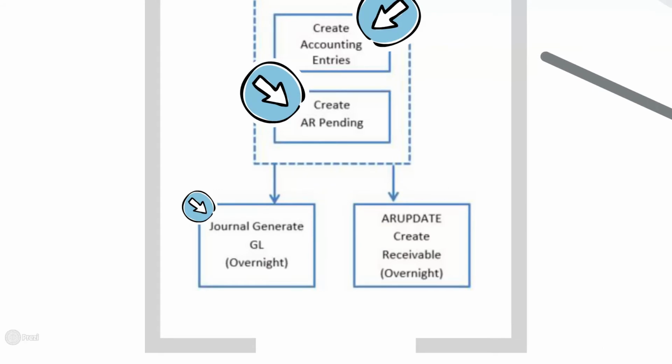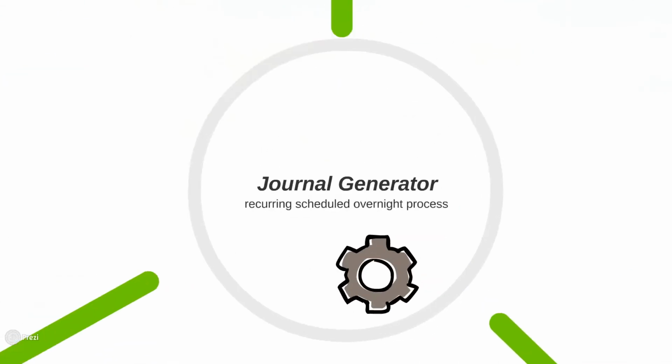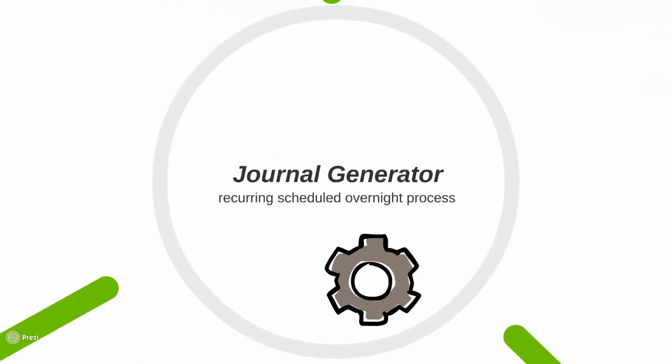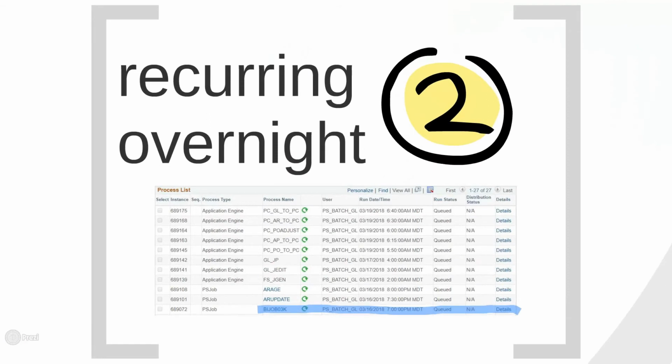So, talk a little bit about the journal generate process. Let's take a look here again and see what it looks like. So, FSJGen, again, this runs nightly at 2 a.m. and it creates journal entries throughout all the subsystems and brings them into the GL.